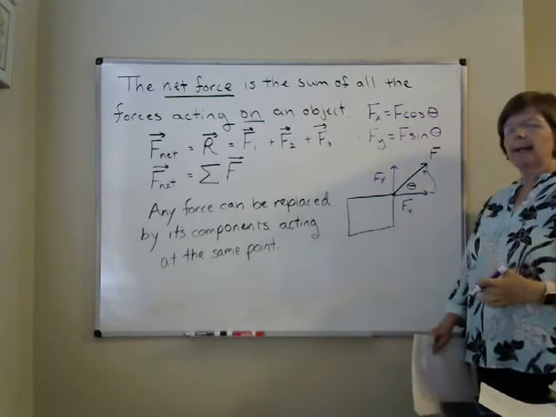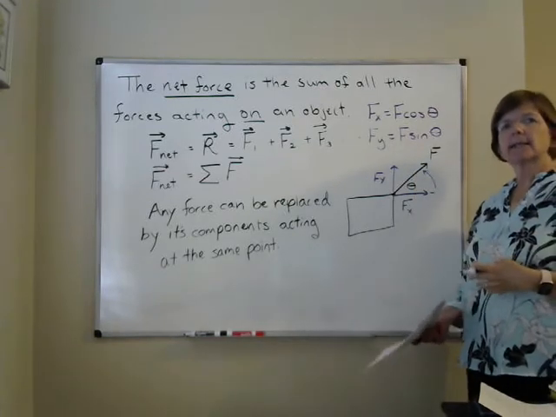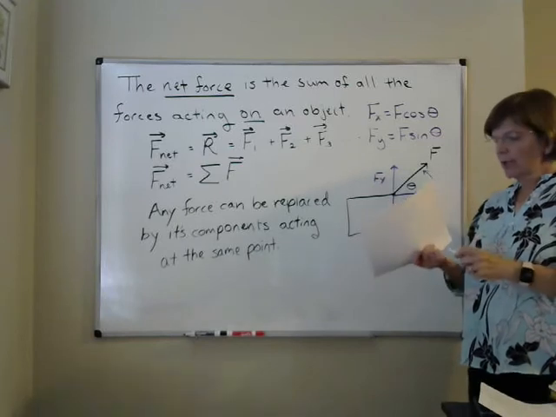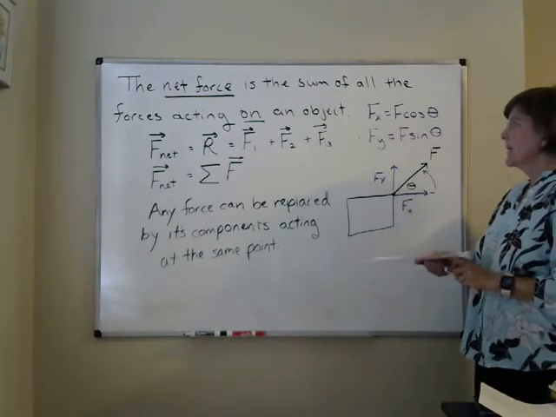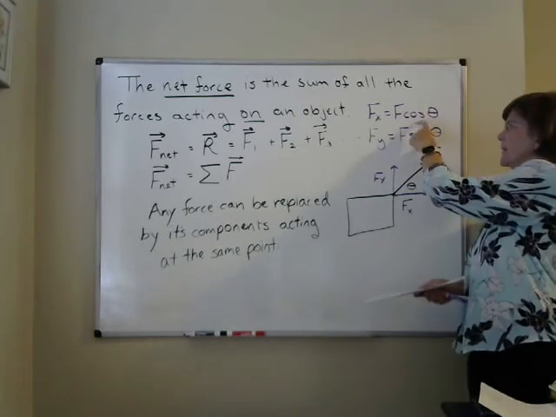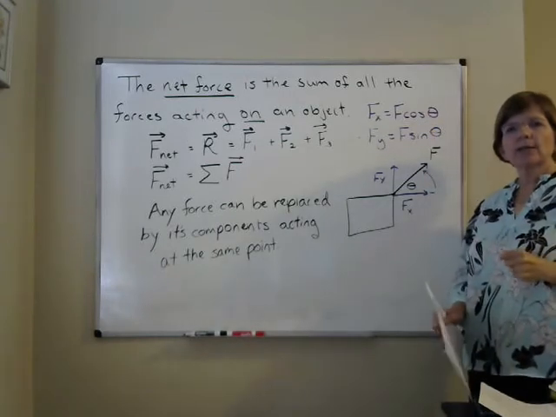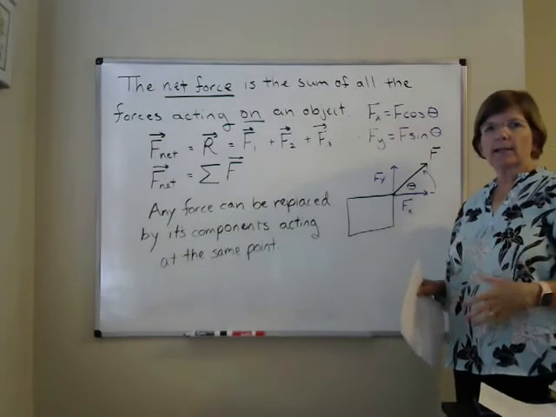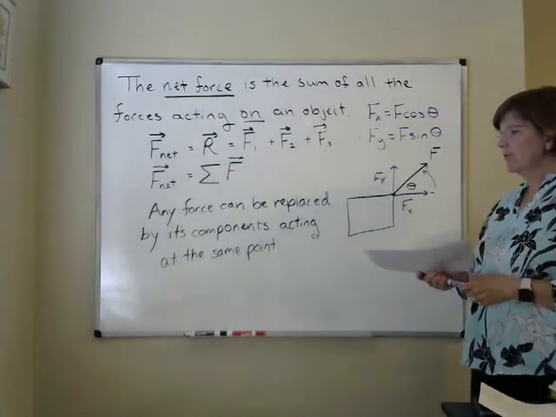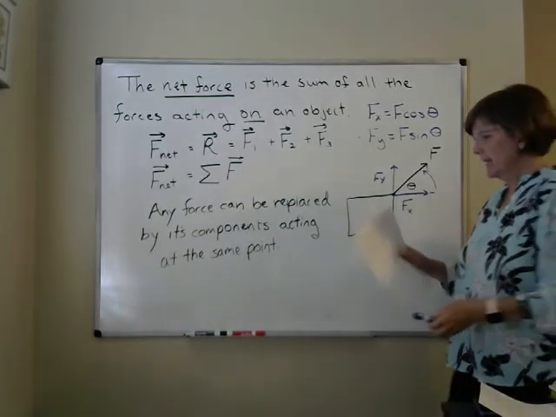If that angle's measured from the negative x-axis or the y-axis, you're not going to get the right result. So be sure to remember this is based on that. Now, if you really know trig, you can maybe do things differently. But let's assume we're not experts at trig. We'll just measure all of our angles from the positive x-axis.